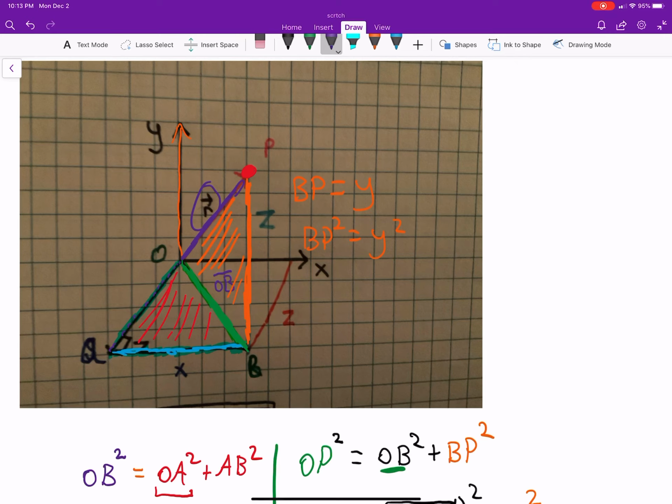We looked at this triangle and this triangle, and using this one first, we find this length. Then using that, with our knowledge of this length, we're able to find r. So pretty straightforward. Hopefully that makes sense.